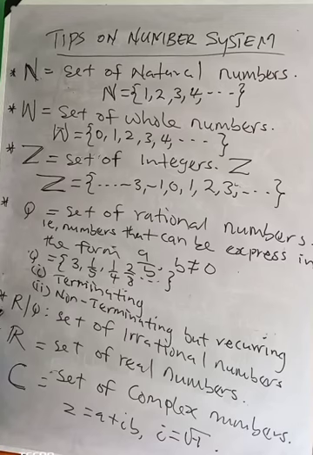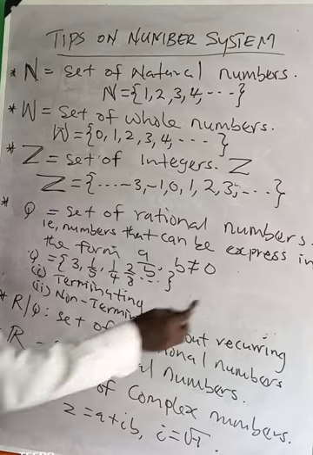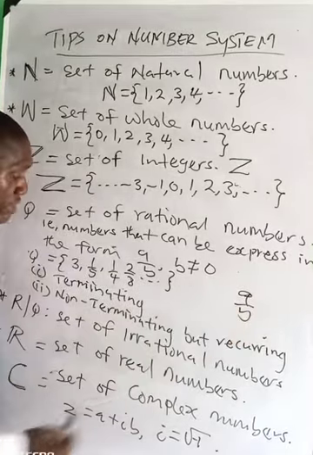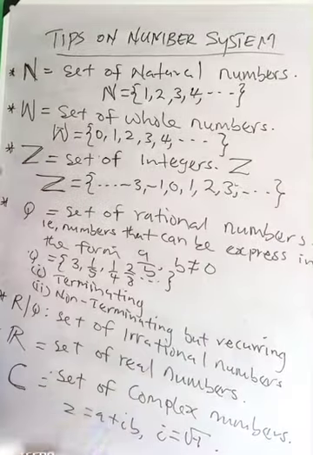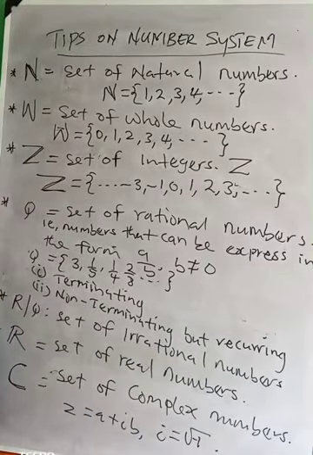Next, on the set of numbers, what we call the set of irrational numbers. These are set of numbers that cannot be expressed in terms of a fraction, numerator over denominator. You cannot express them in terms of A over B. All right, so those kind of groups are called set of irrational numbers.